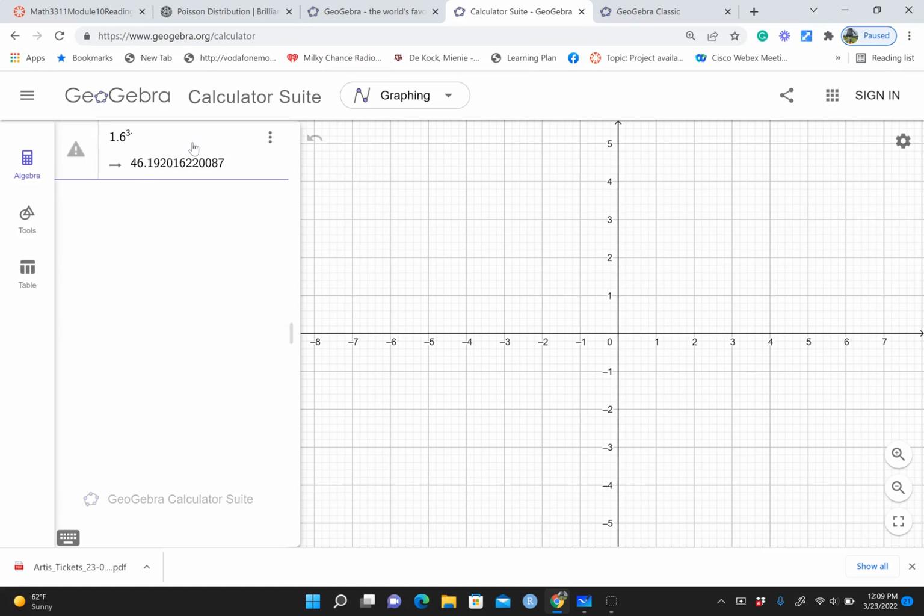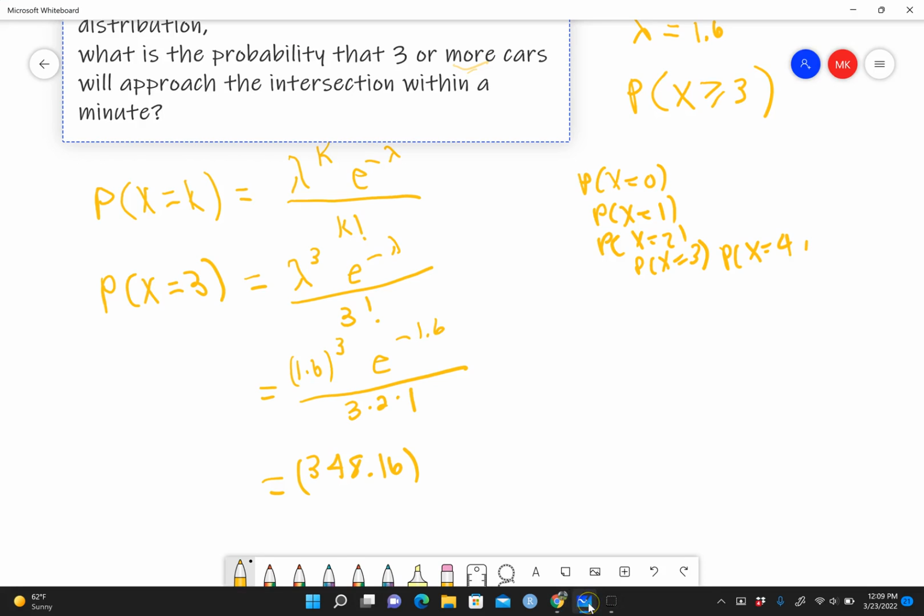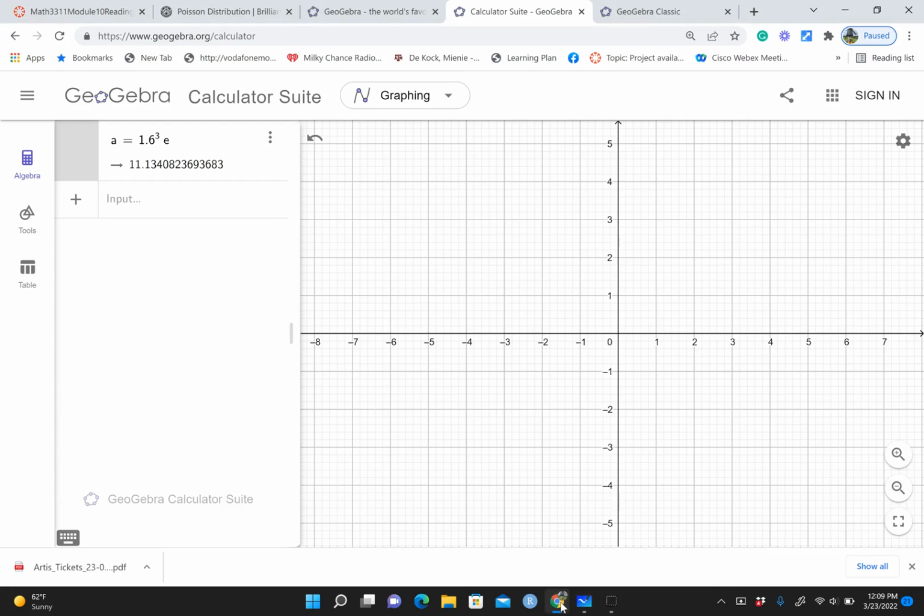Oh, sorry. That should be like this. Multiplied by e to the power, what was it? Minus 1.6. Minus 1.6, and then, okay, to the power minus 1.6.